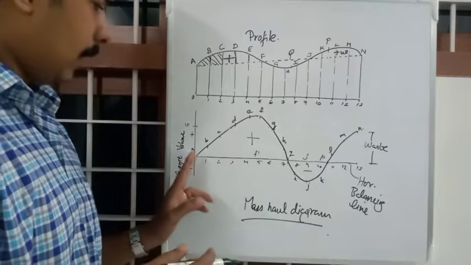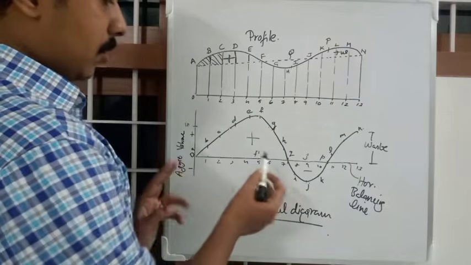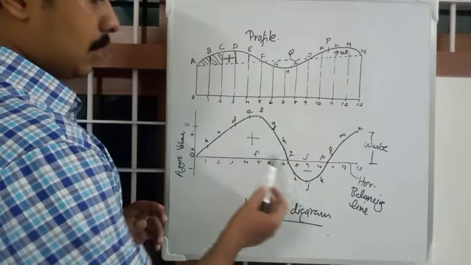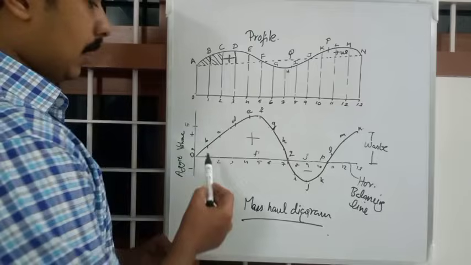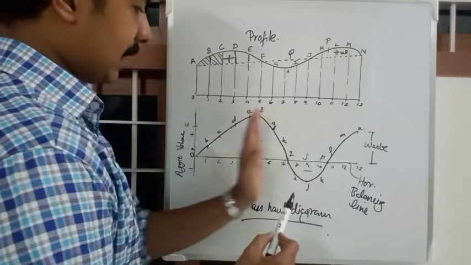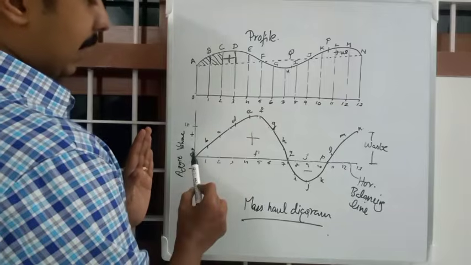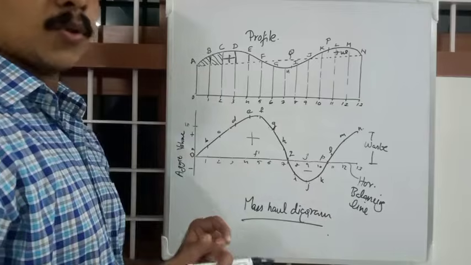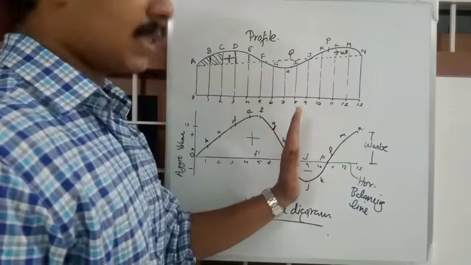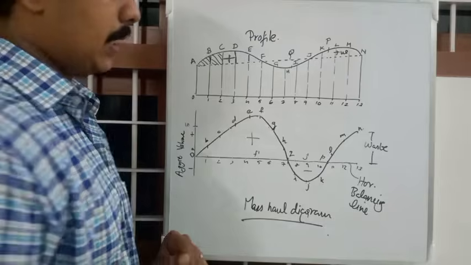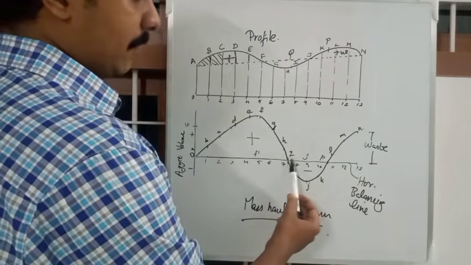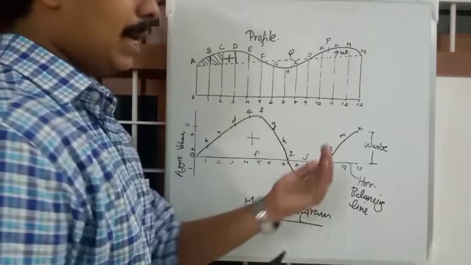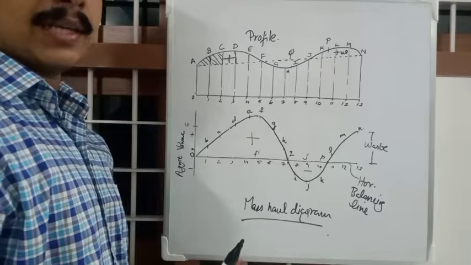So the intersection points denote the maximum hauling distance. In the forward direction, A to Q is the forward direction, and A to Q distance will also be the maximum hauling distance in this direction. And the intersecting point difference in the negative direction is QP, and QP will be the maximum backward hauling distance.